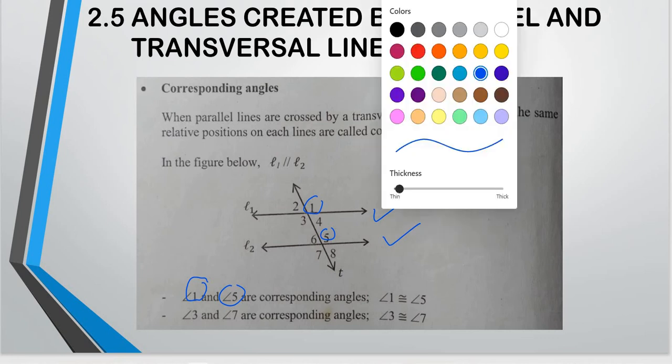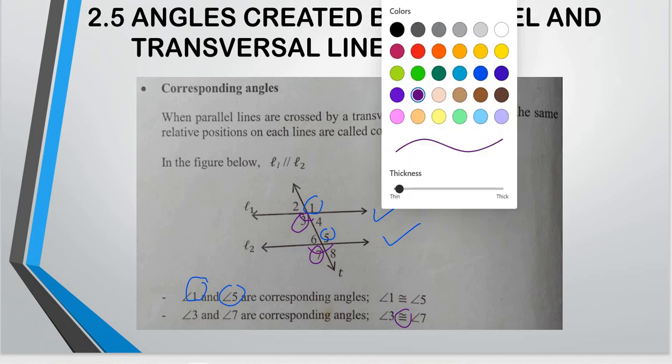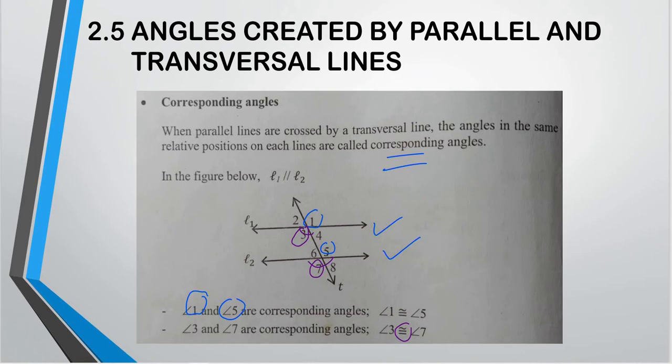How about another angle? Okay. 3 and 7, angle kat sini dengan kat sini, dia adalah equal. Lagi apa angle yang sama? Okay. Angle 8 and angle 4 dia sama. Lagi?